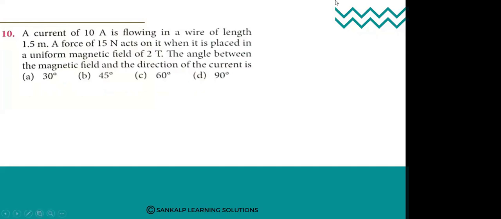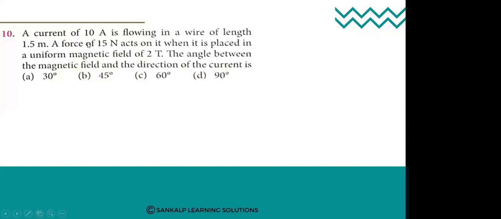See the next question. A current of 10 ampere is flowing in a wire of length 1.5 meter and a force of 15 Newton acts on it when it is placed in a uniform magnetic field of 2 Tesla. The angle between the magnetic field and the direction of the current is.